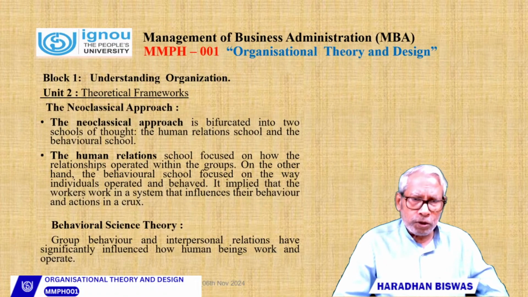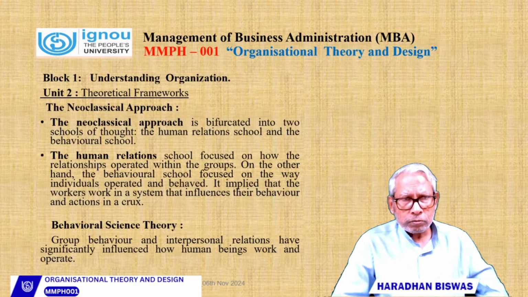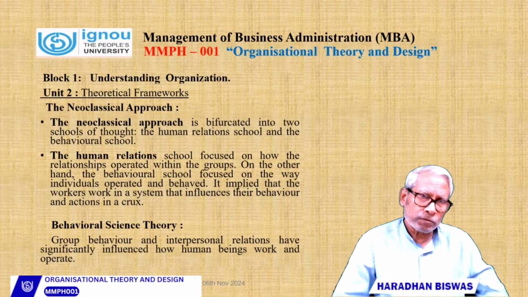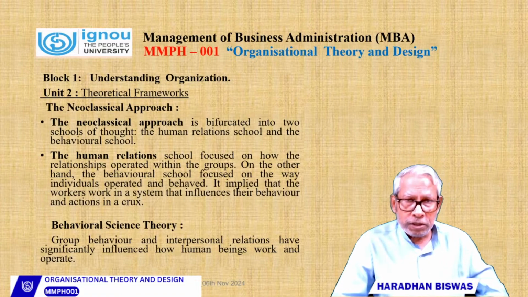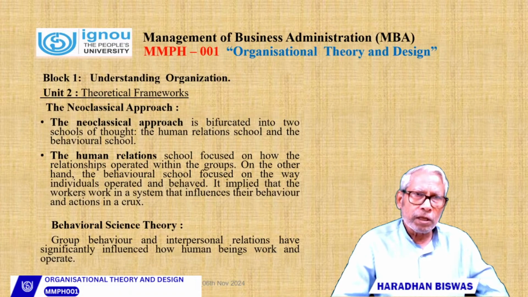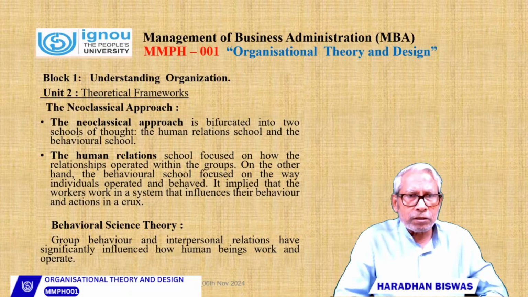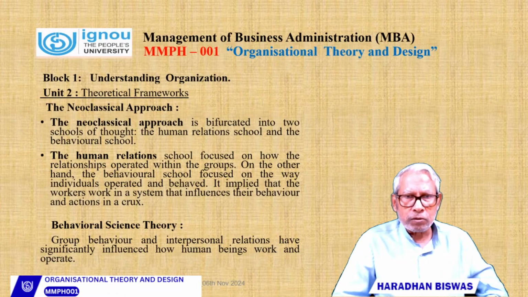Now, coming to the neoclassical approaches. It is bucketed into two schools of thought: the human relations school and the behavioral school. The human relations school focuses on how relationships operate within groups, so within the group, what type of relationships are there.